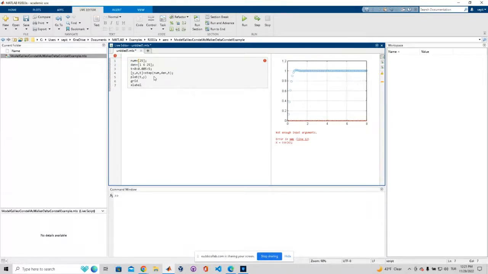You can add your X label here. Let's say time, t sec. All right, for Y label, Y label will be our output again. Output, let's say y(t).